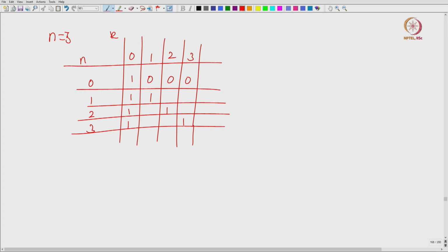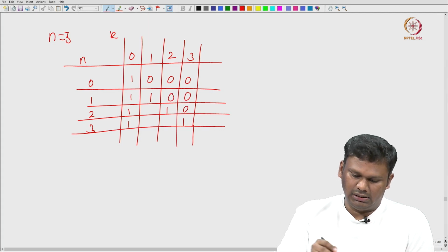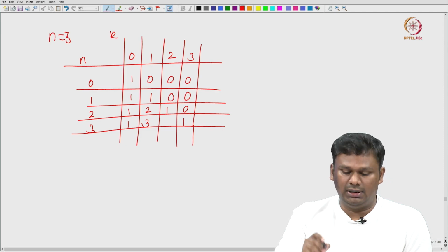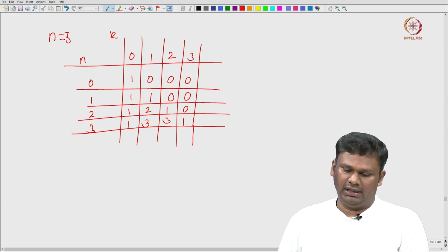The strictly upper triangular entries are 0 and the lower triangular entries, for example, this is 2 choose 1 and 3 choose 1, they are just 2 and 3, and 3 choose 2 is same as 3 choose 1, which is exactly 3. So, this is the matrix that we are getting.